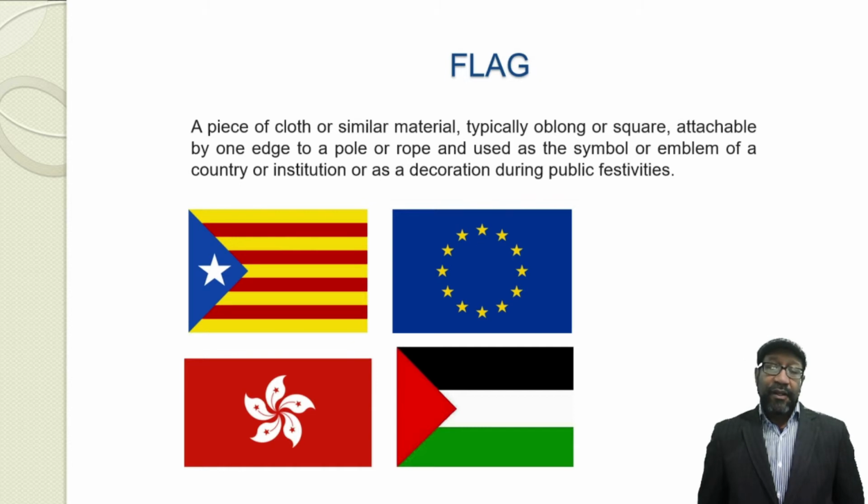And then below, we have this flag with a red triangle, black, white, and green stripes. This is the flag of Palestina, or Palestine. Palestine is a Middle Eastern region, and is a part of the Israel state.